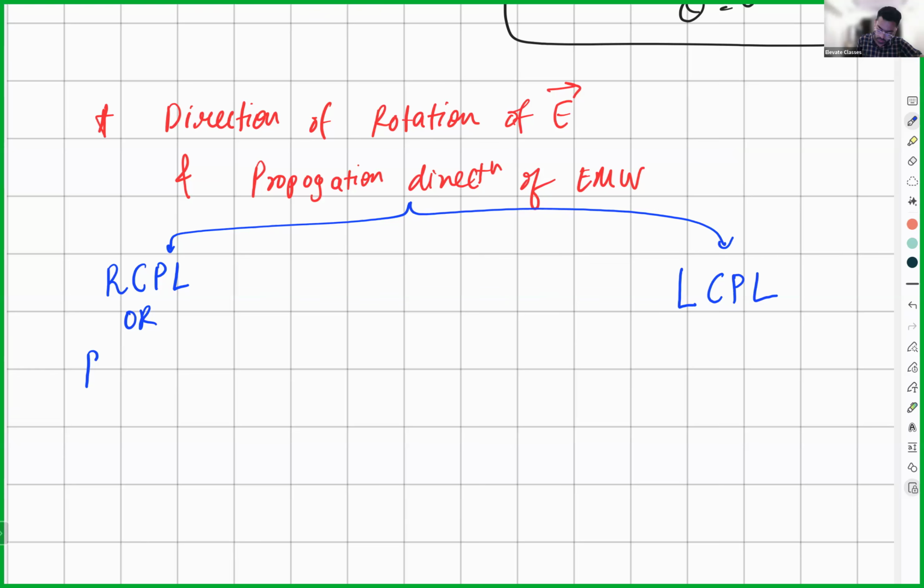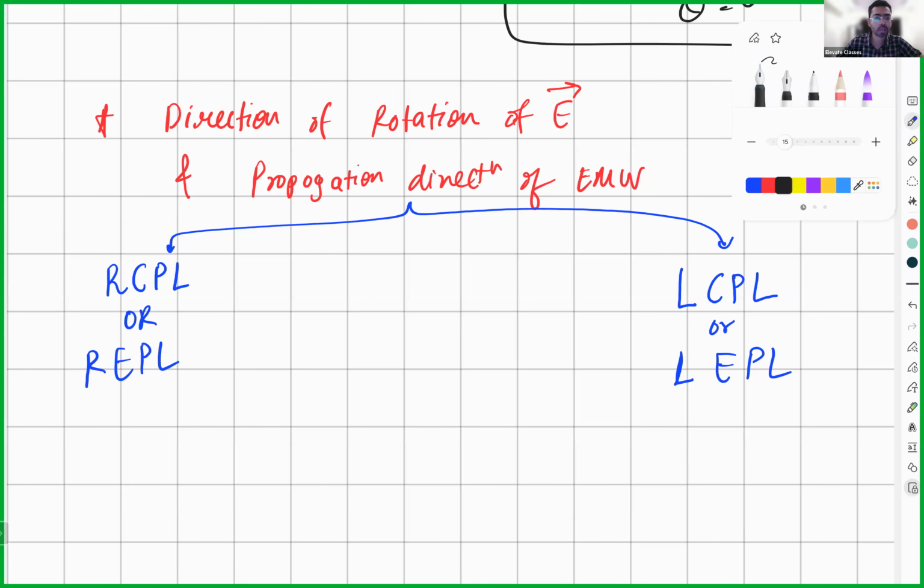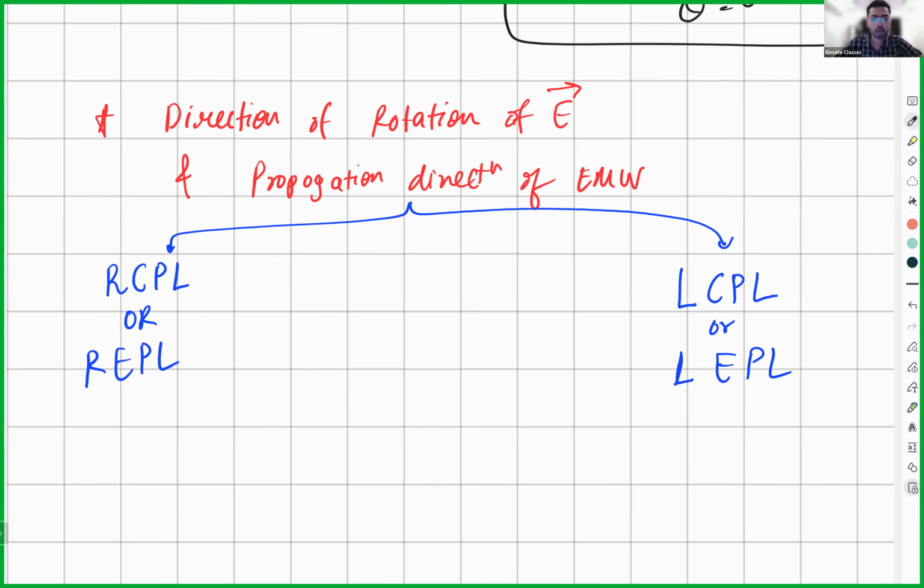Or you can also have right elliptically polarized light and left elliptically polarized light. Of course, rotation is related to either circularly polarized light or elliptically polarized light. So you should have an elliptic or a circular polarization when we talk about rotation.